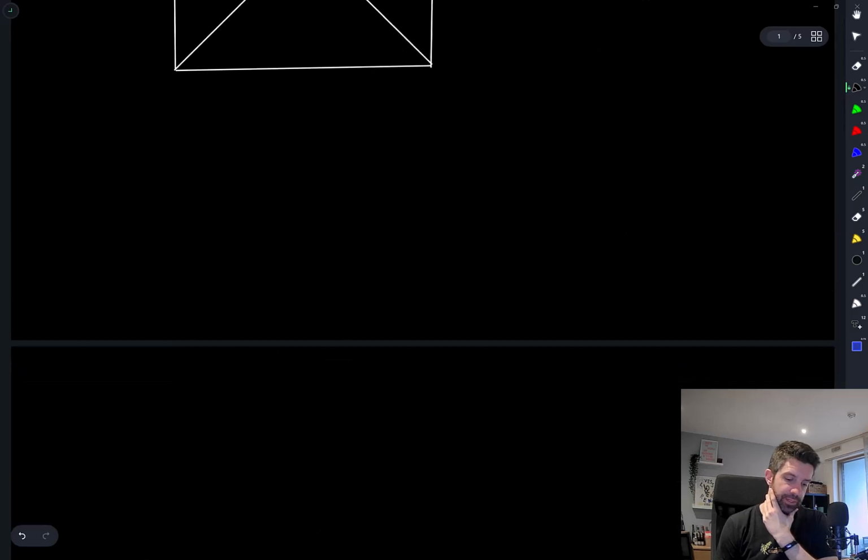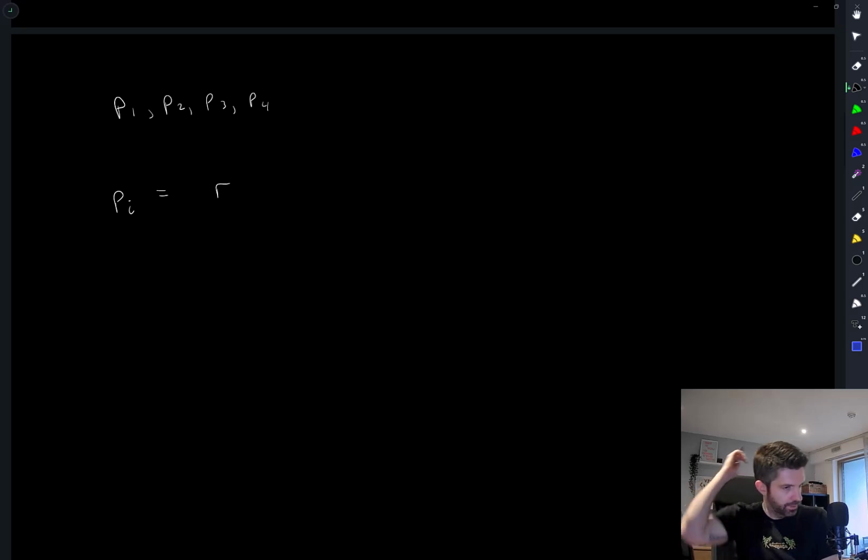It's a bit of overkill, but I'm going to do that. So P1 up to P4 are going to be the points on the base. And each P is going to be R times, oh, but the polar coordinates are actually quite messy, aren't they?